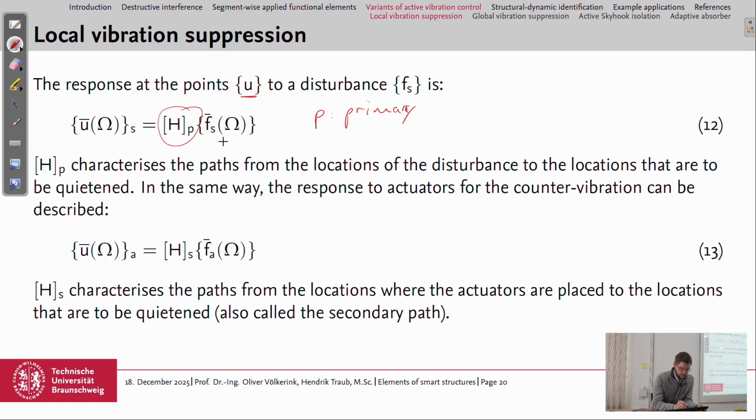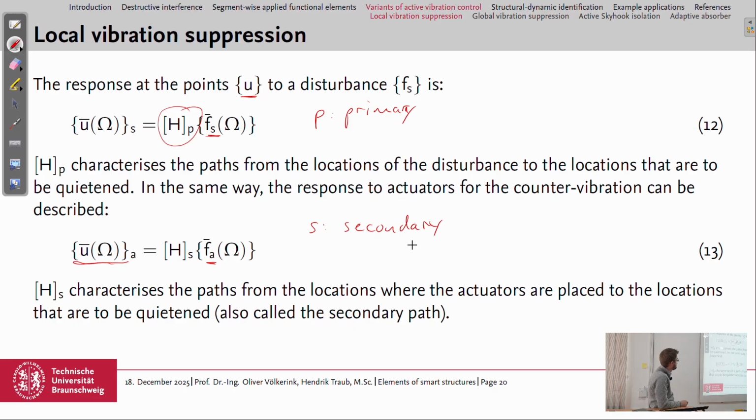The primary path is from the disturbance to the positions we want to calm down the structure, and we can have the same equation 13 for the transfer function or the behavior from the actuation positions towards the points we want to calm down, and this is S, the index S for the secondary path.